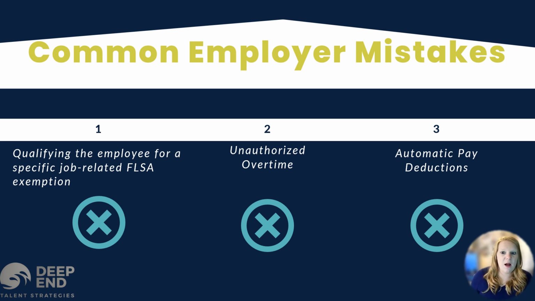So, number one common mistake a company could make is labeling an employee who is paid a salary as an exempt employee just because their title maybe sounds like it should be an exempt title. So you must first qualify the employee for a job-specific related FLSA exemption by conducting an exemption test, and we'll talk a lot about that process and how to do that within this presentation.